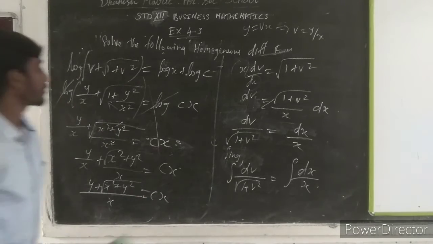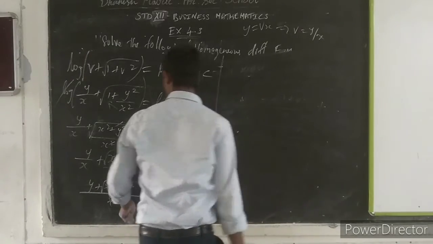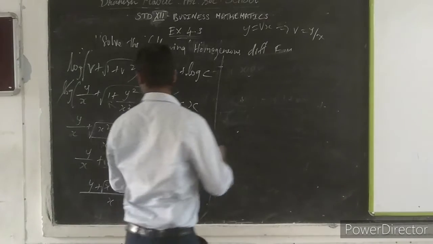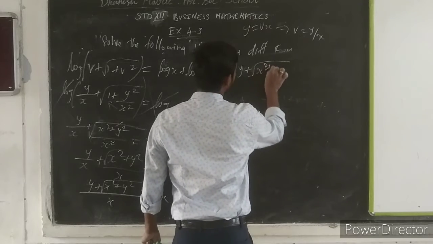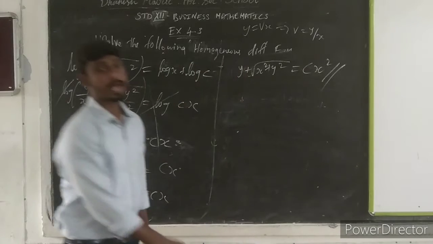The denominator is the same, so we write y plus root of x square plus y square, divided by x, equal to cx. Now this x goes and changes into multiplication. You are getting y plus root of x square plus y square equal to c into x. This is the answer.